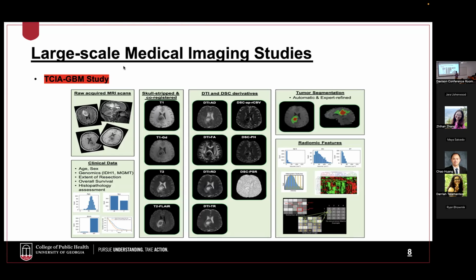After they connect the data set, they also have some clinical variables like age, gender, and genomic information, and also the survival status for all these patients. Typically, all these data sets are collected from cancer research centers like MD Anderson or Memorial Sloan, and they put this data together and build up a research cohort called TCIA GBM.